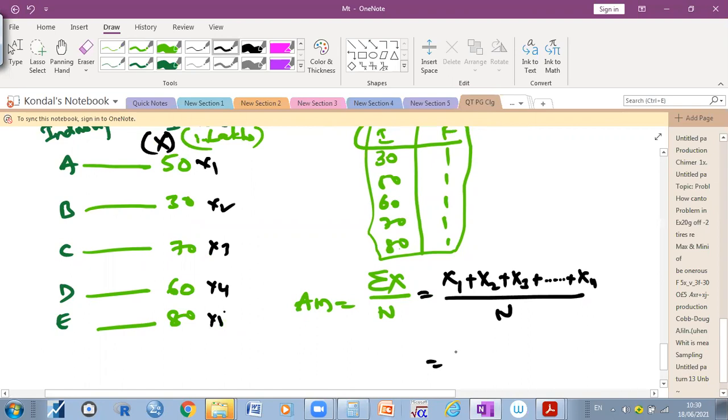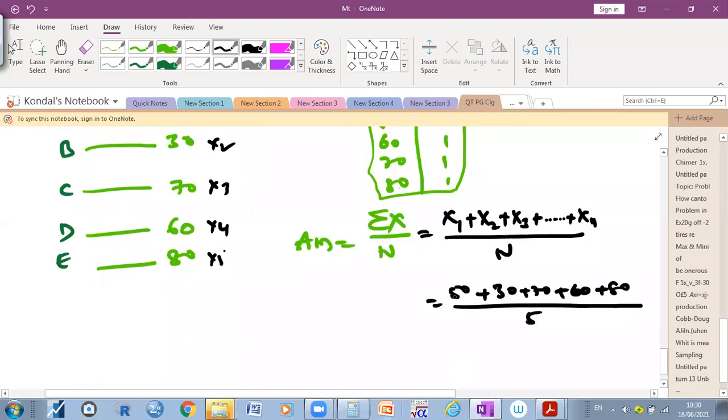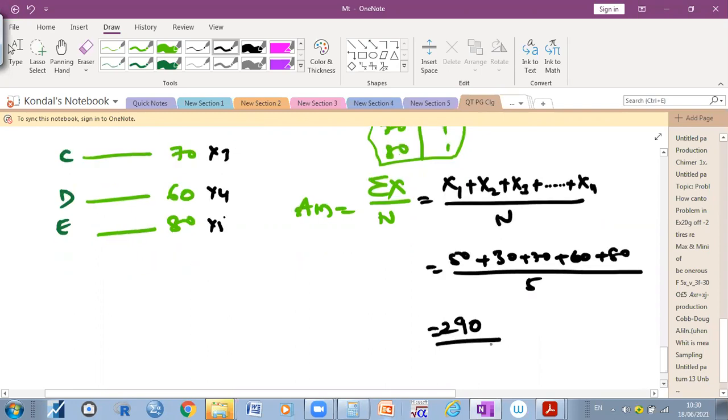50 plus 30 plus 70 plus 60 plus 80, divided by n. n is how many are there? 5. So here we need to add all the values. 80 plus 80 is 160, 160 plus 130, how much? 290. 290 divided by 5.